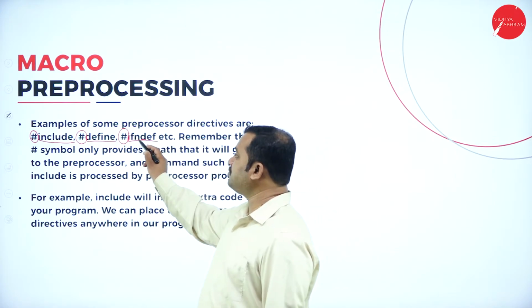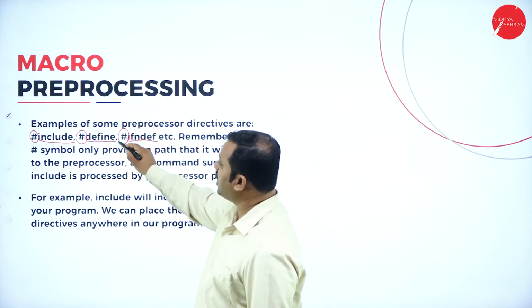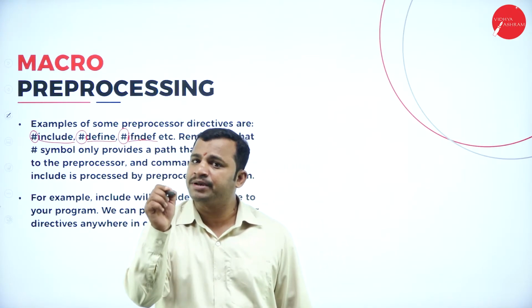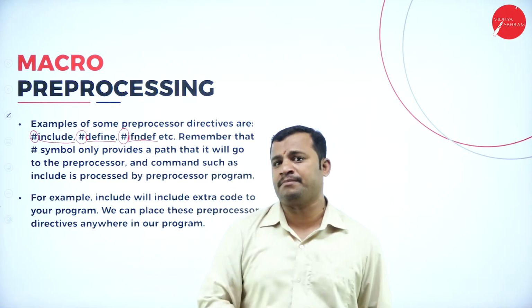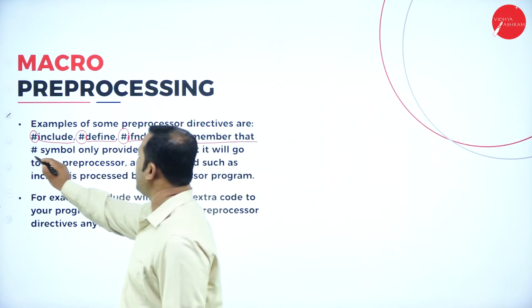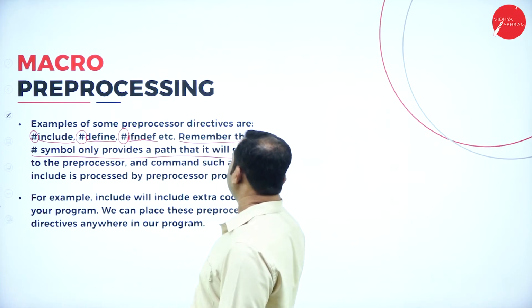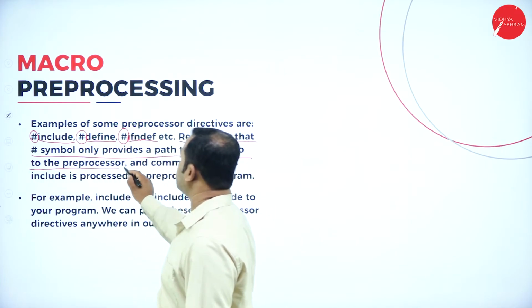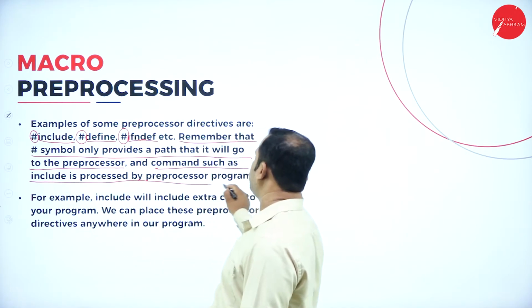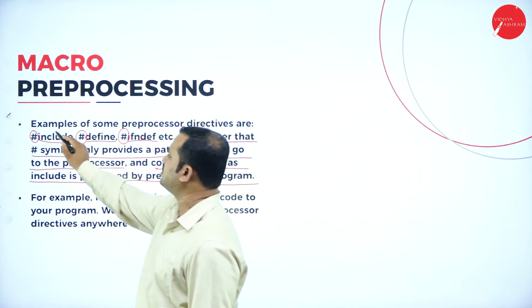These directives are preceded by the hash symbol to tell the compiler that preprocessing is required in the program. Remember that the hash symbol provides a path to the preprocessor, and commands such as include are processed by the preprocessor program.